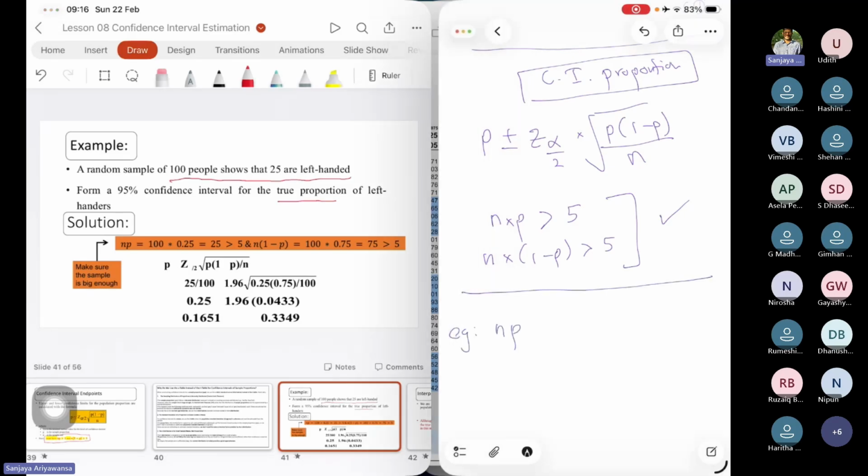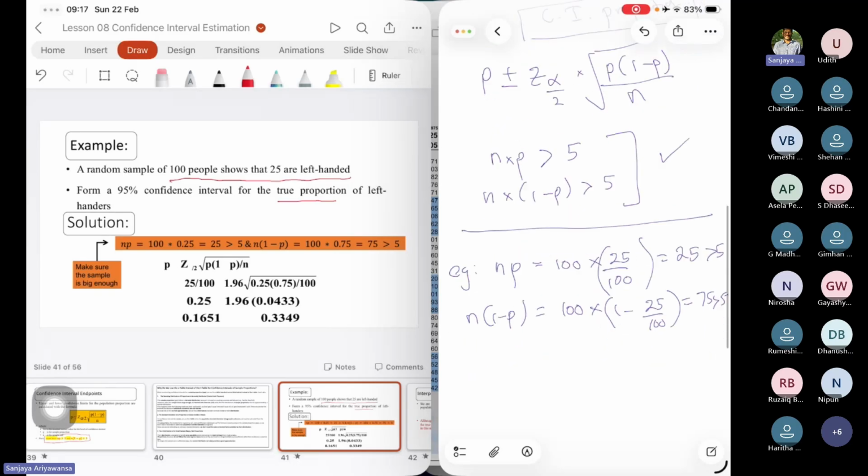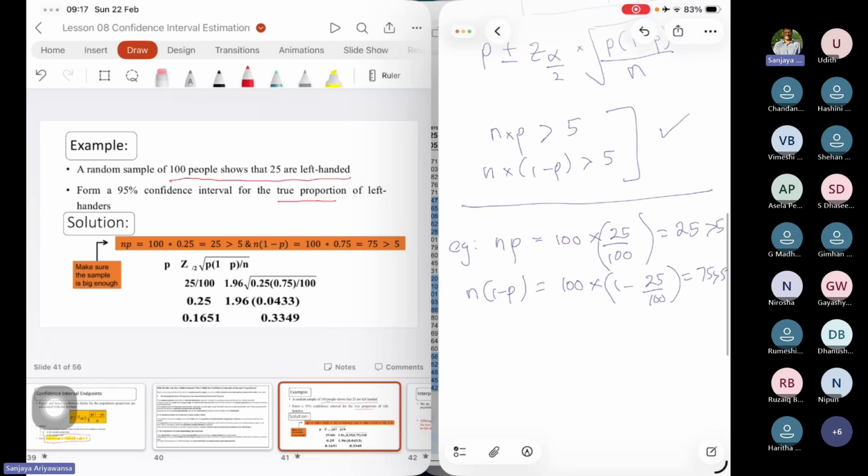We have to check whether nP is greater than or equal to 5. n is the sample size, which is 100. P is the sample proportion, 25 divided by 100, since 25 of the people chosen are left-handed. So nP is 25, which is greater than 5. n times 1 minus P is 100 times 1 minus 25 over 100, that is 75, which is also greater than 5. So those two conditions are met.